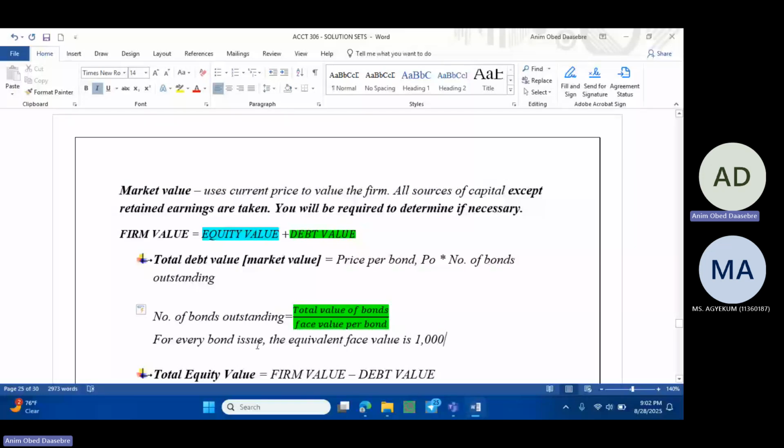For every bond that will be issued, the equivalent face value is 1,000.